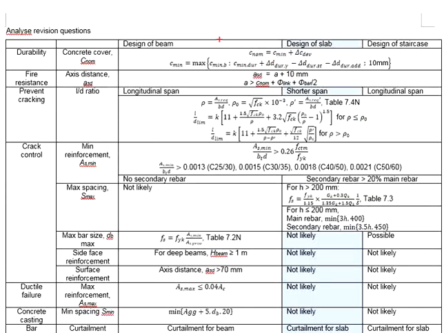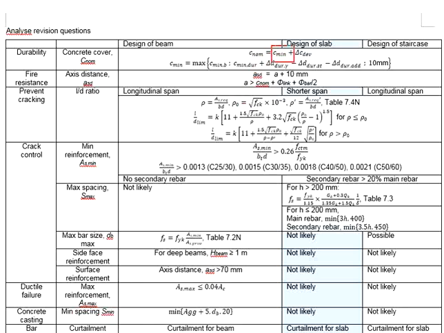The nominal cover is determined by the minimum cover plus the deviations that cater for the quality of the workmanship. Under normal circumstances, we will take these deviations equal to 10 mm as a precaution for poor workmanship and inaccurate preparations of the members.